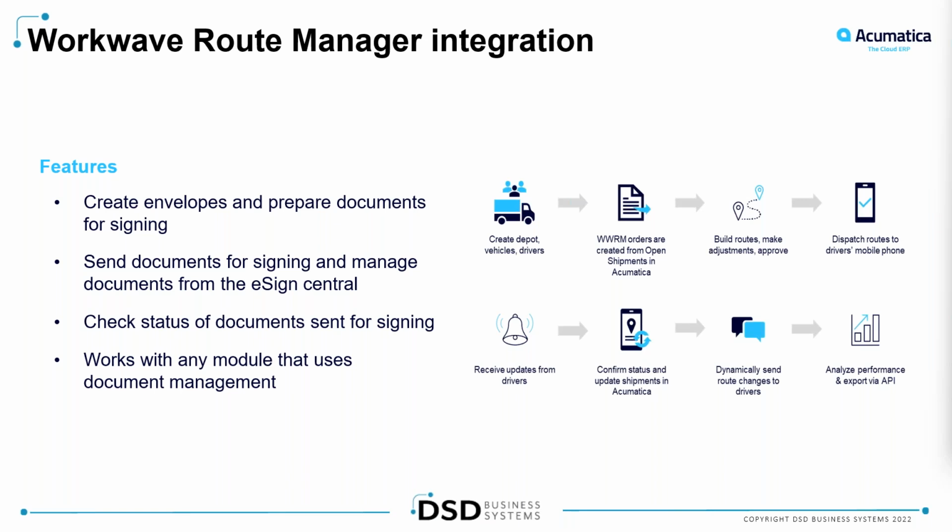So if you are self-delivering sales order shipments, if you are contending with some requirements wrapped around signatures at the job site or signatures off of a service ticket or many things such as that, this Workwave route management integration is a great approach.